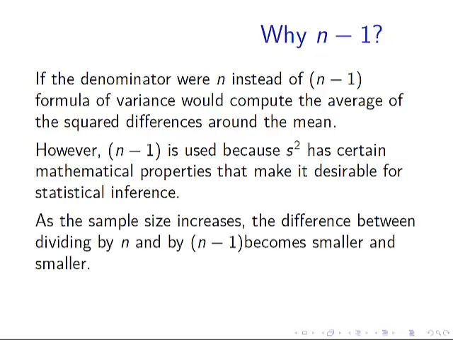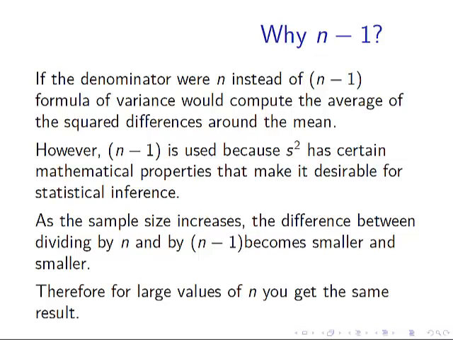As the sample size increases, the difference between dividing by n and by n minus 1 becomes smaller and smaller. Therefore, for large values of n, you get approximately the same result for sample variance with denominator n or with denominator n minus 1.